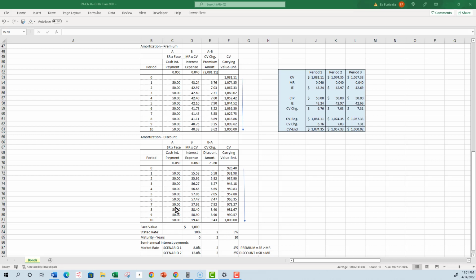To get the interest expense, we multiply the market rate of interest for the period by the carrying value of the bond. So for the first period, we'll multiply 6% times $926.40. We'll get $55.58.